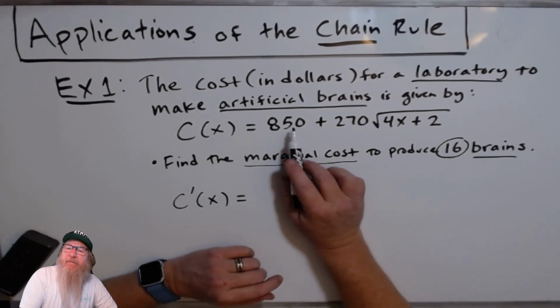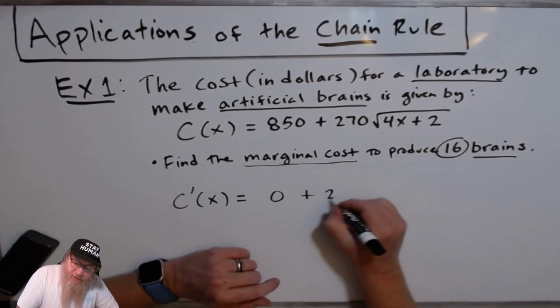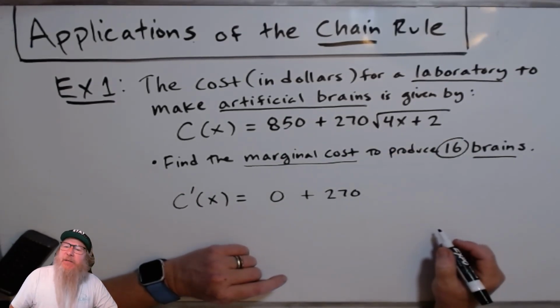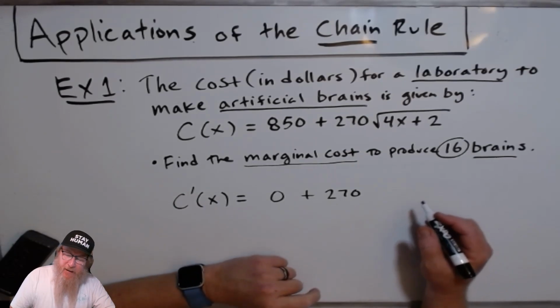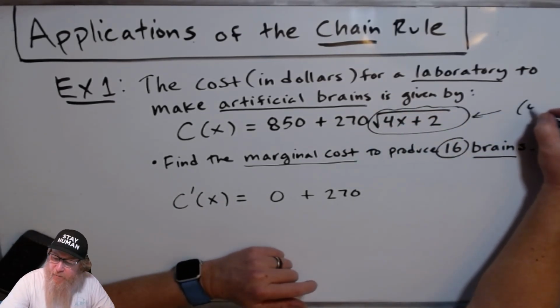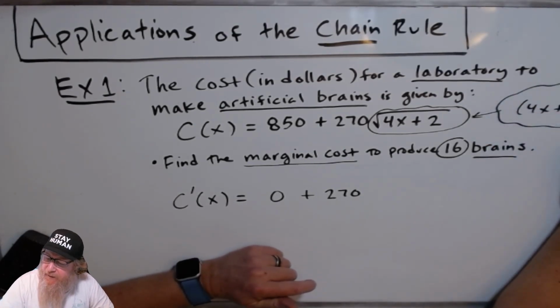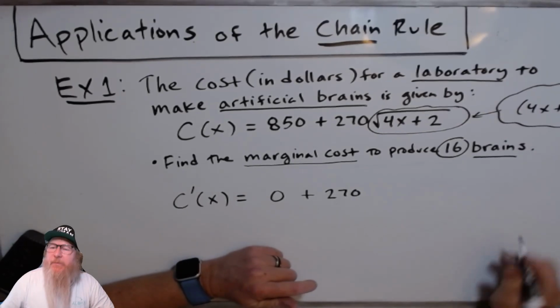The derivative of 850 is 0. 270 is a constant, so it comes out. It's probably a good idea to rewrite this as 4x plus 2 to the 1/2. Been doing that a lot when we see a square root.